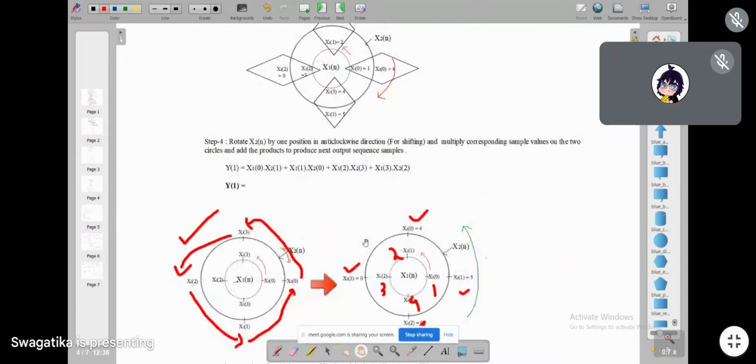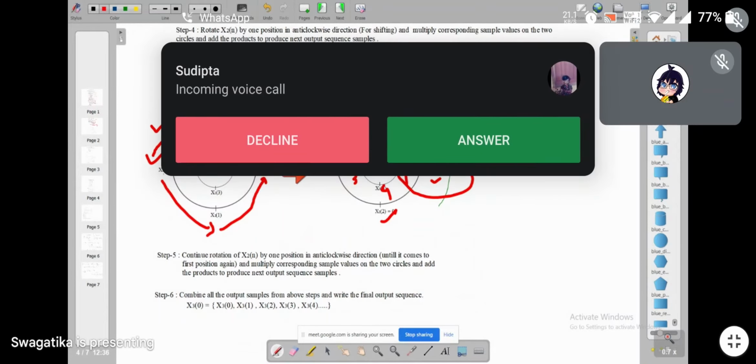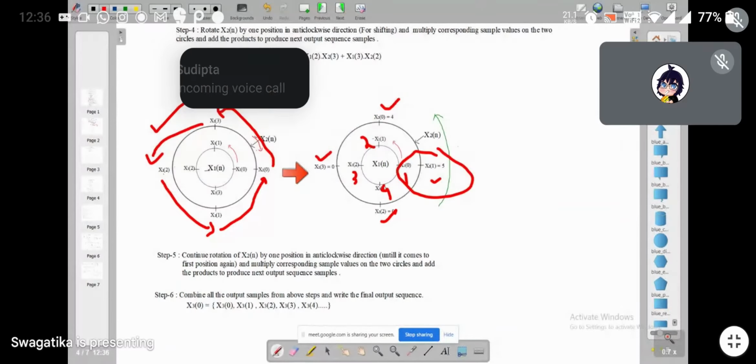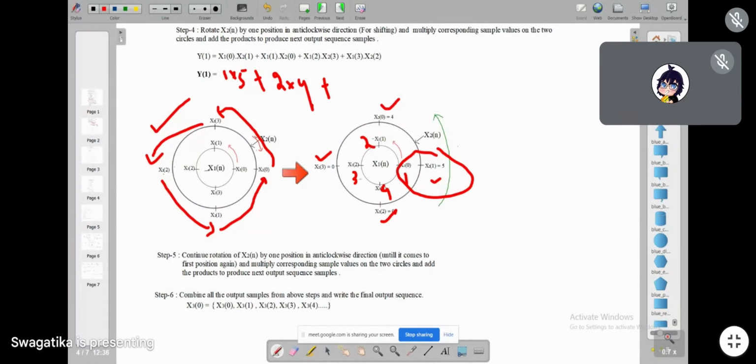Okay, now you can go for the corresponding multiplication, right? 1 into 5, you can write here 1 into 5 plus 2 into 4, plus 3 into 0, right?